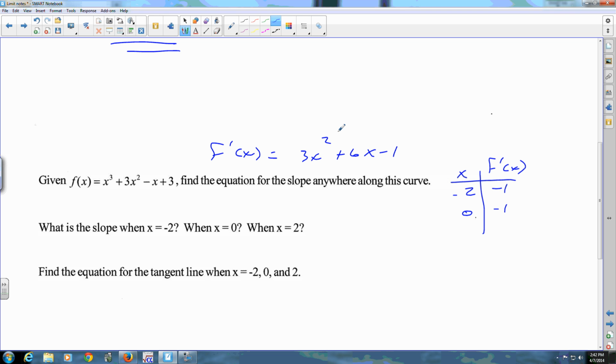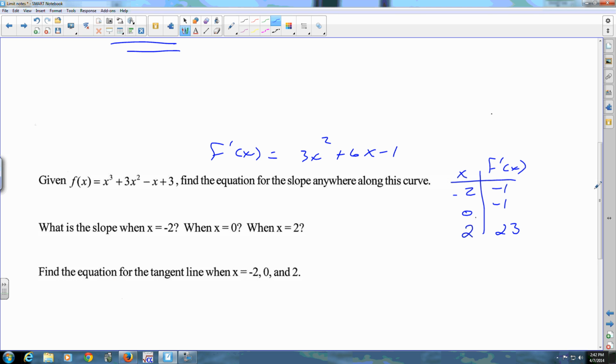I fill in negative 2 and I got negative 1, 0 gives negative 1, and the other one was 2, which gives 23. Whew. Doubting myself. Well, sorry about that, you guys. I don't know what this symbol was. I just wrote quick to see if it was something that was going to continue. All right, negative 1, coincidence only.